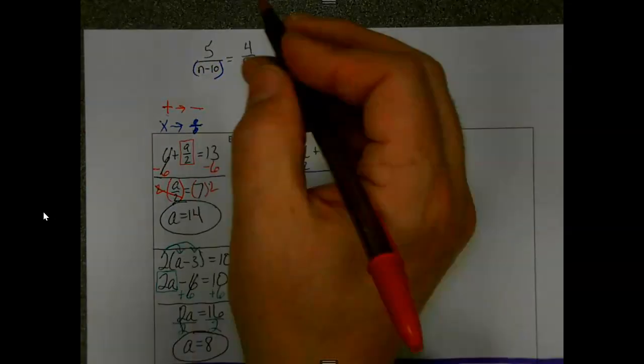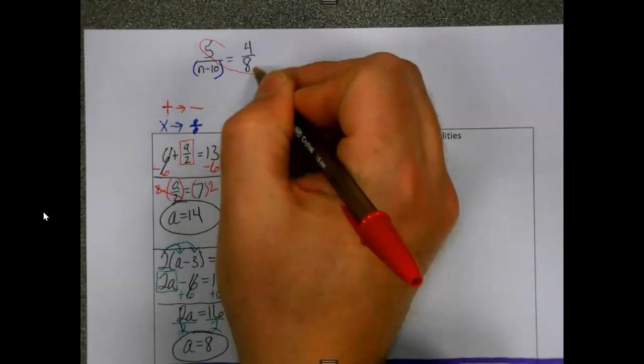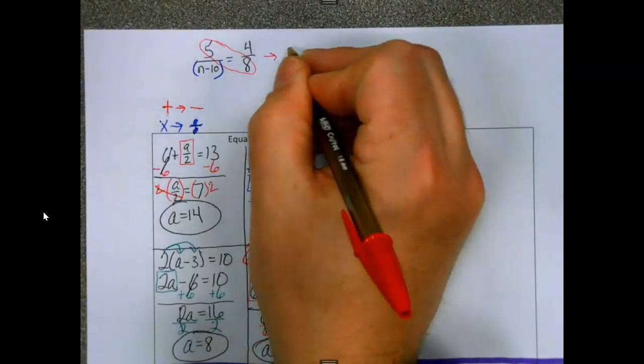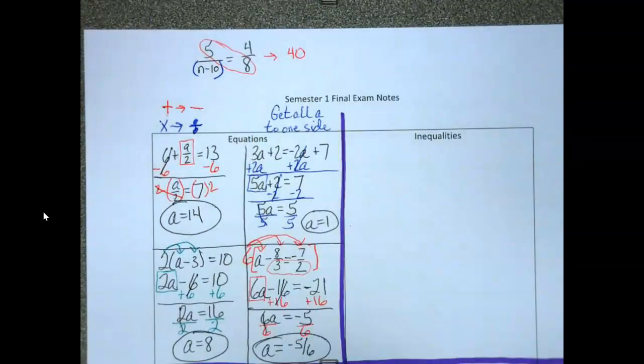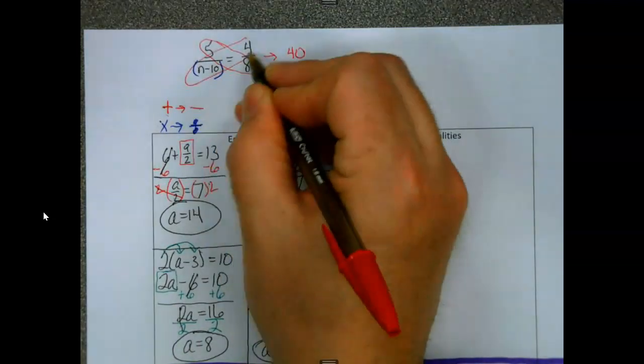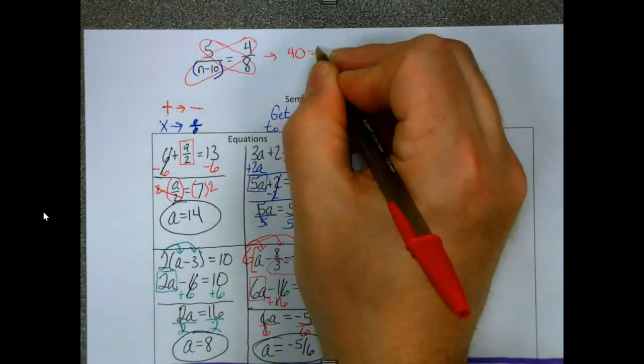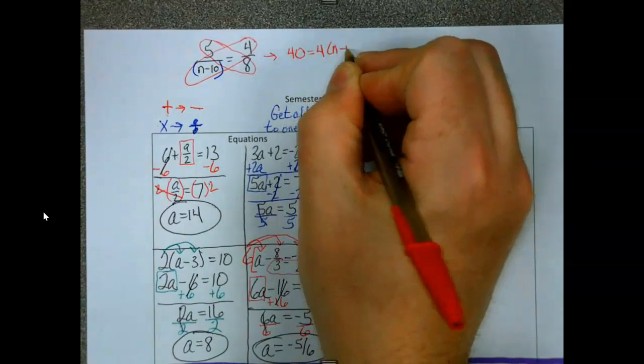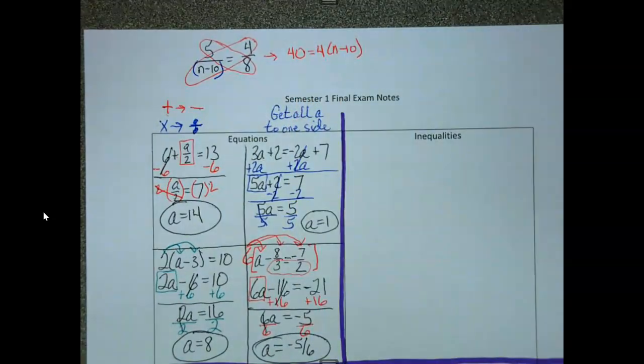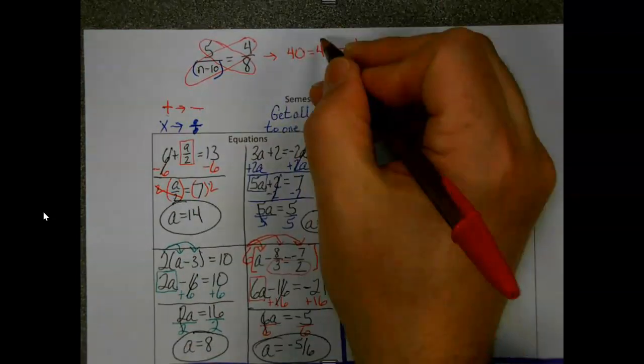And I remind myself, we're going to cross multiply with both of these. Okay, that's the way these set up every time.